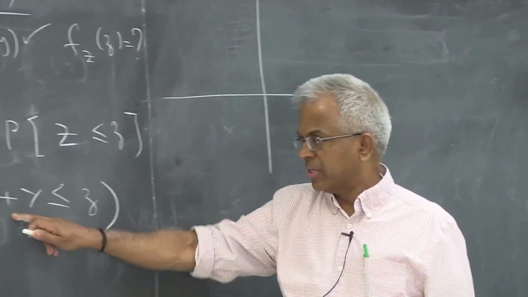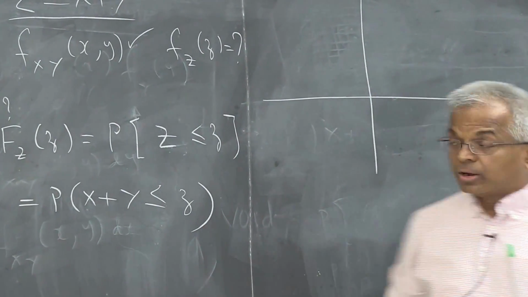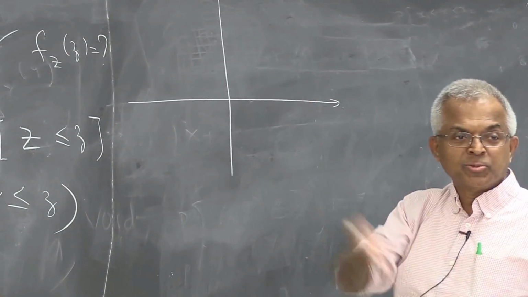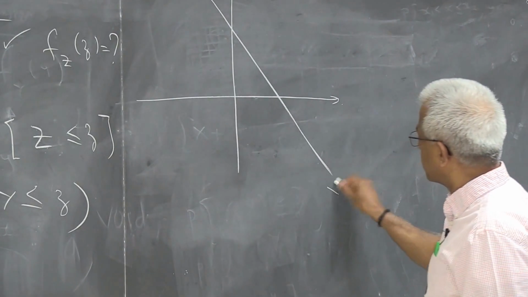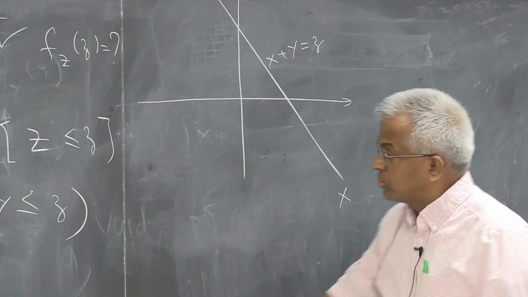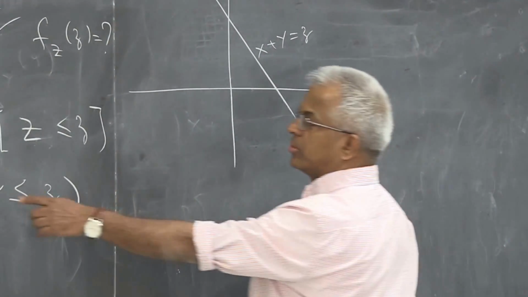So x plus y equal to z is what? It's a straight line. And how will it go? This way. Why is this? Because to draw any region, you put one variable equal to 0.